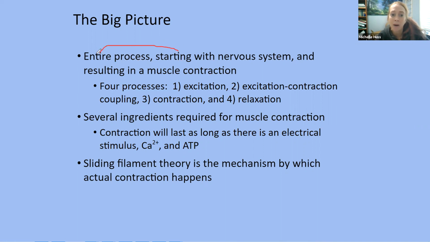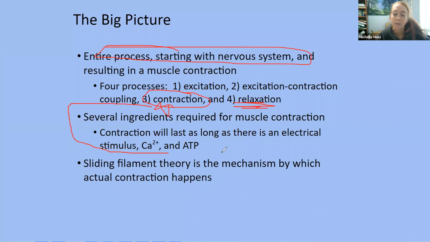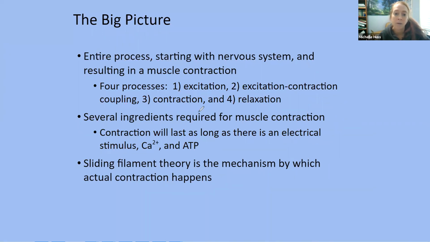So the entire process, starting with the nervous system, is long. Okay, and we just did the visual of it. We're only going to be doing this part right here. And relaxation really is just sort of everything lets go. So we're going to do part 3, and part 4 we're never really going to do. That's contraction, which means that's the shortening of sarcomeres.